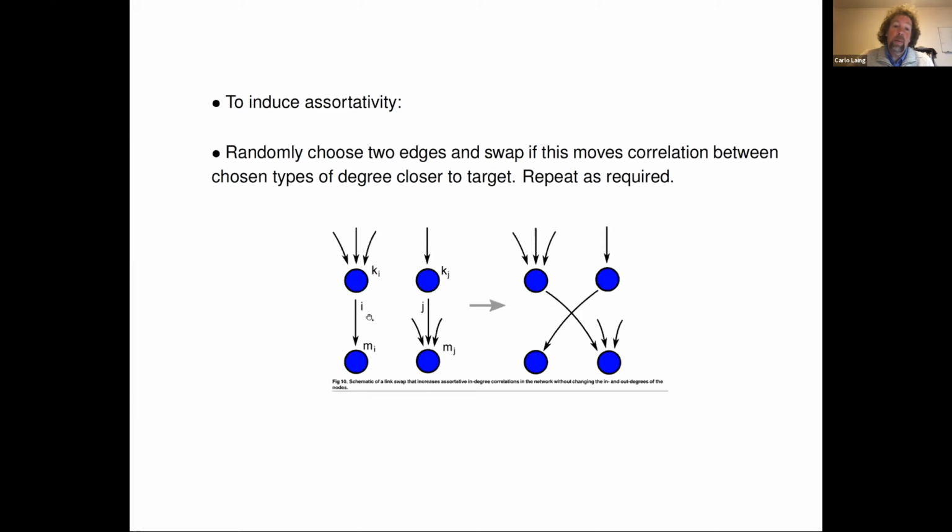We don't really want that, so we swap these two edges. We connect the one with high in degree to the one with high in degree, and the one with low in degree to the low in degree. That's going to induce assortativity of this form. And we just do that over and over again, randomly choosing edges and swapping them if it's desirable.